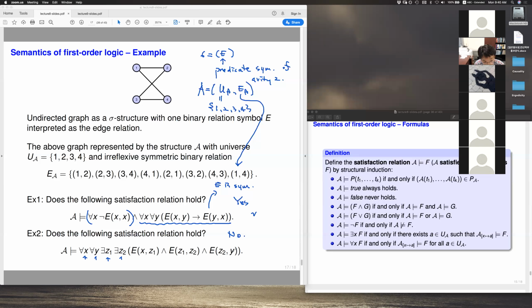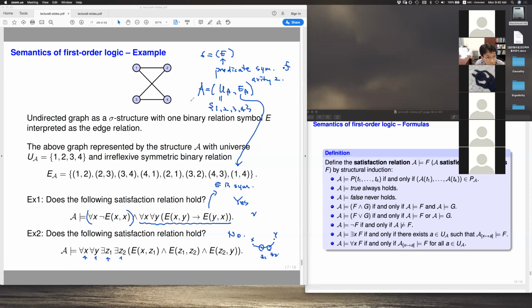In terms of a graph, it means that for every vertex x and y, we can find a path from x to y which is of length 3. So we have a path of length 3. There are two intermediate vertices. The first intermediate vertex is called z1. The second is called z2.